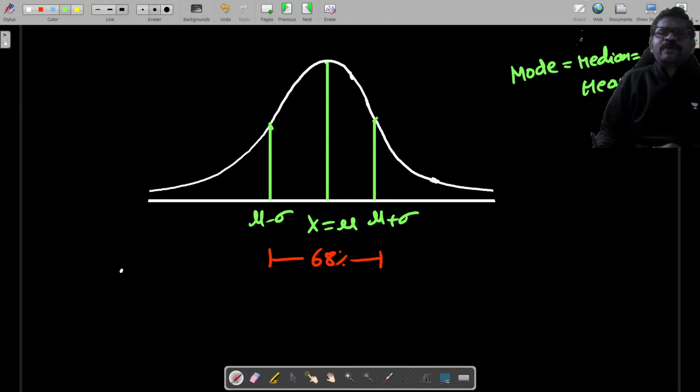The area bounded by mu minus 2 sigma to mu plus 2 sigma is 95%.